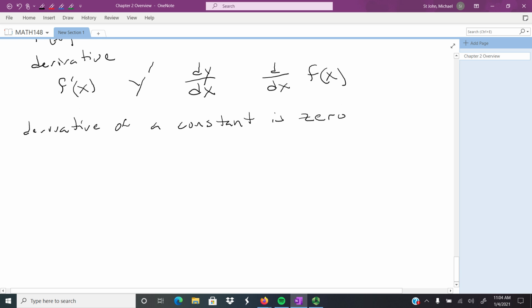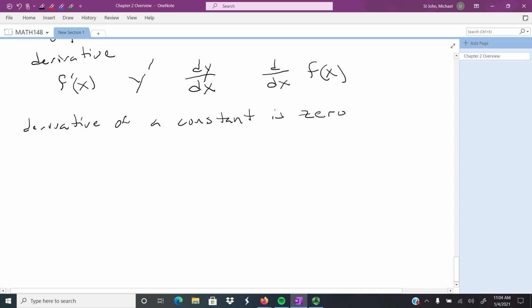So that's why that's 0. And so the first basic rule of finding derivatives: if I have f of x equals ax to the n, then my derivative is going to be a times n times x to the n minus 1.